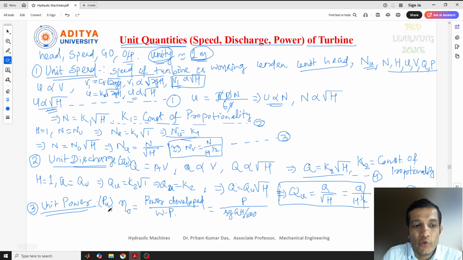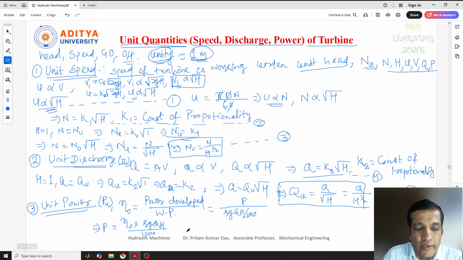Our requirement is to find out the power term. So I'll take this power term to one side and the remaining terms to the other side. I can mark it here P, and the remaining terms I'll take to the other side. So that is eta naught into rho G QH by 1000.